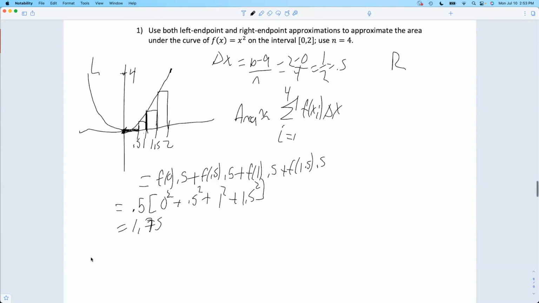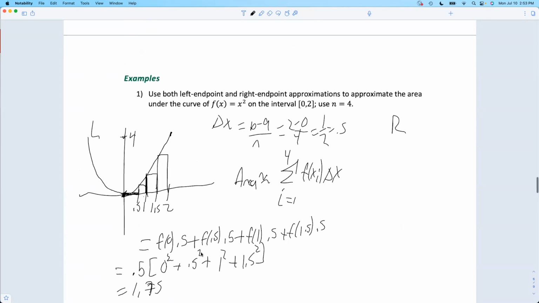So my left-hand sum is 1.75 square units. It depends on what our units are here. If this had units of meters and meters, then these would be meters squared.